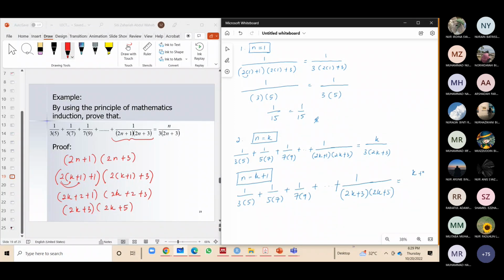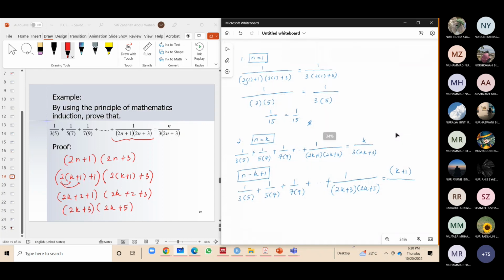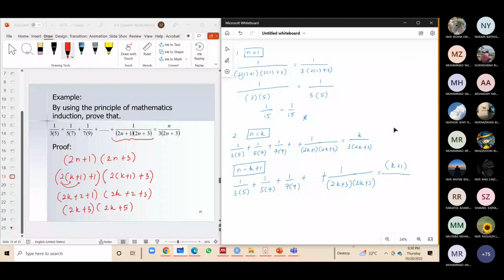So this is k plus 1 over 3, 2n plus 3, n substituted by k plus 1 will be 2 times k plus 1 plus 3, 2k plus 5.